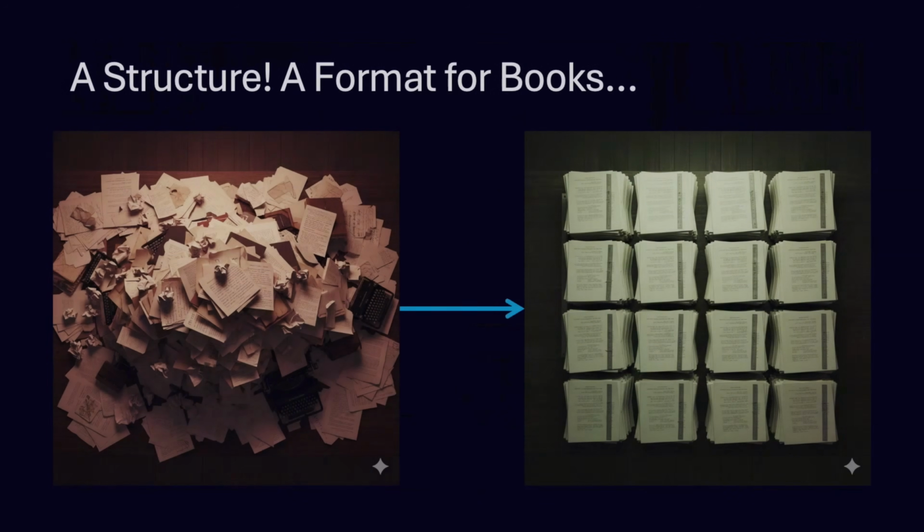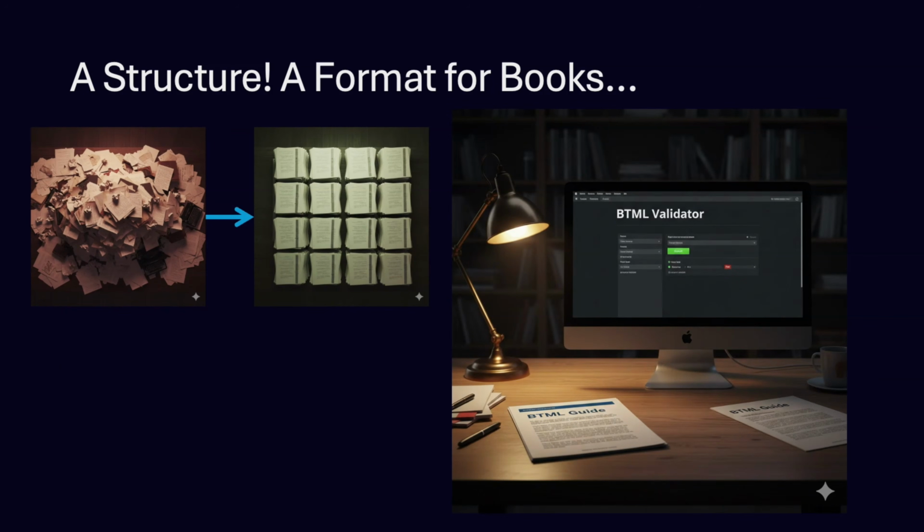So you create a structure, a format for book data that's easy for you to work with and process, easy for writers to adopt, and intuitive for them to learn. You create a manual for them to understand this format as well, and maybe even software to test their submission and catch errors before sending them to you. Now your business becomes scalable.